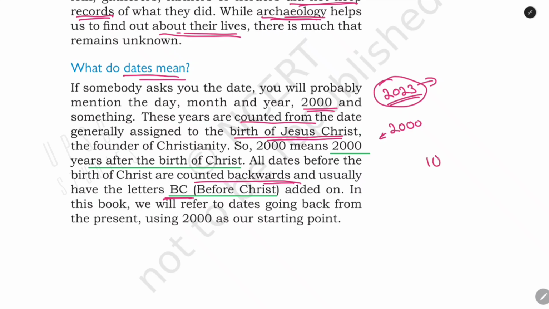So 100 BC means 100 years before Christ, and 1000 BC means 1000 years before Christ.